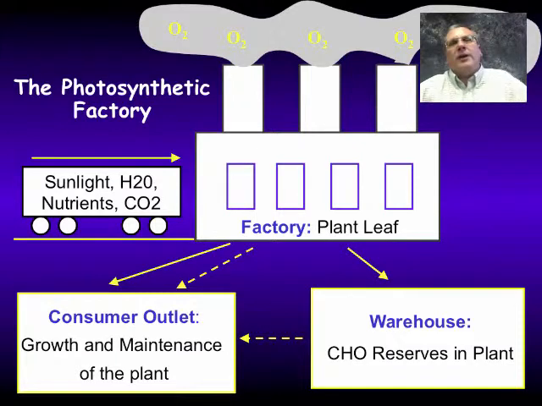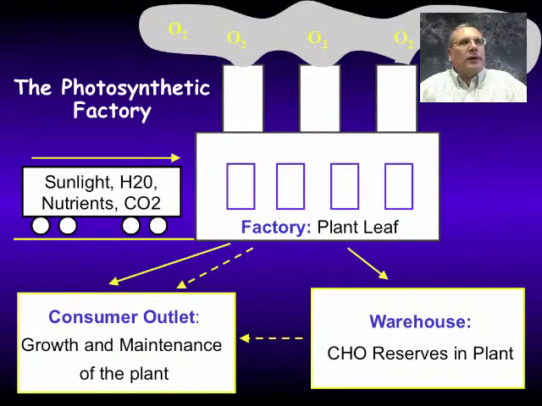A lot of times when I talk about photosynthesis and I put that chemical formula up, people's eyes kind of glaze over and they kind of lose interest. And I always like to talk about photosynthesis from a model standpoint. This is what I call the photosynthetic factory. Our photosynthetic factory in this example is the plant leaf. And like any factory, we're going to produce a product.